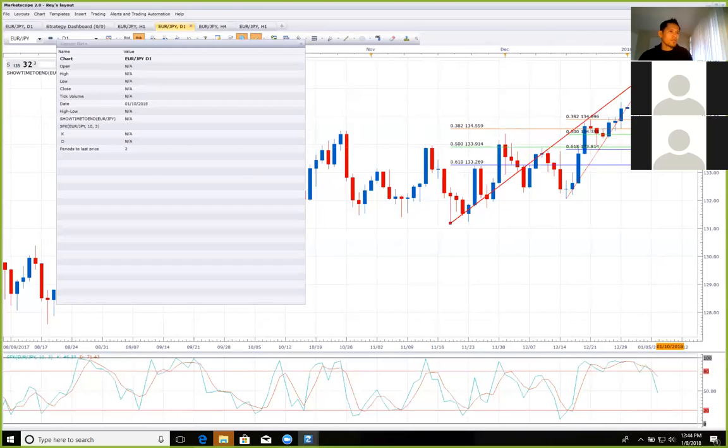So 143 pips to the downside. Like a one-to-one relationship. So T1, T2, T3, breaking out, T4, T5, T6.